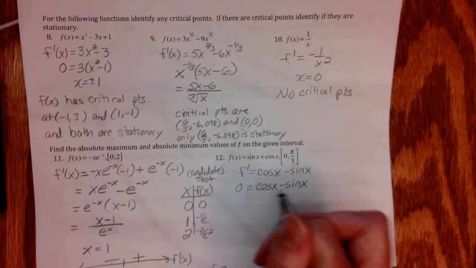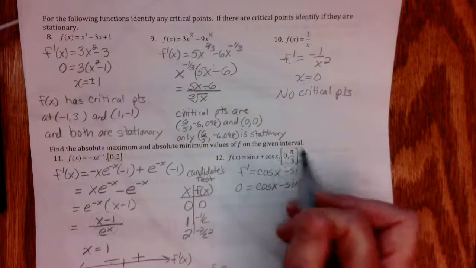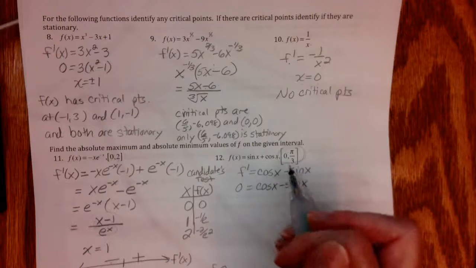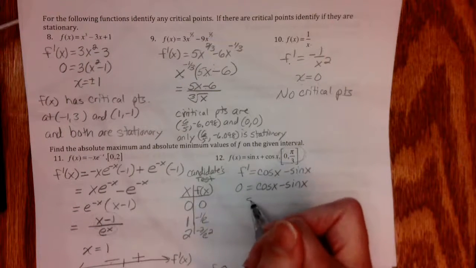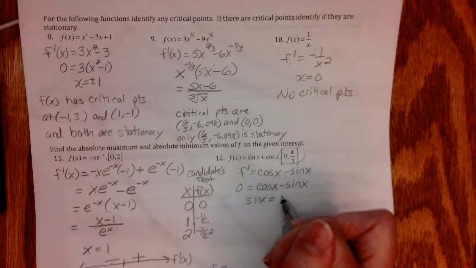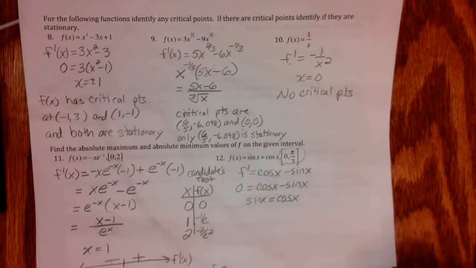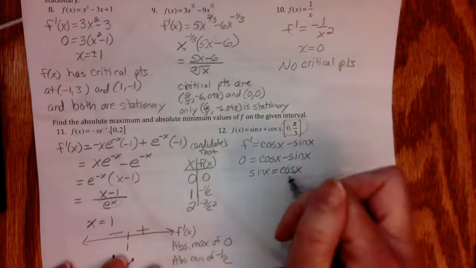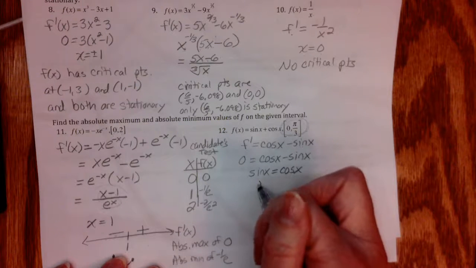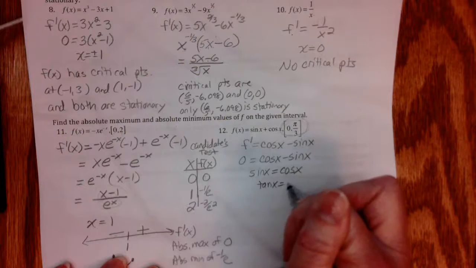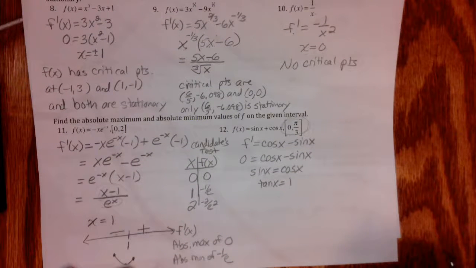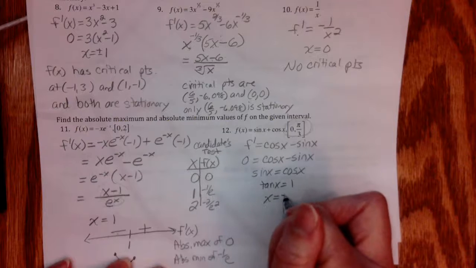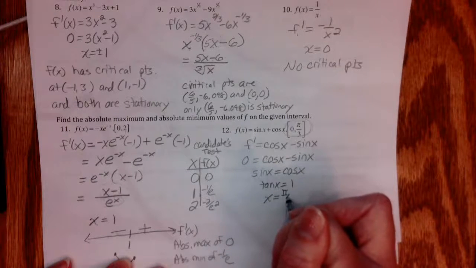And some of you right now could possibly identify the stationary point that exists on that given interval. If you don't see it, you can manipulate by moving a trig function to the other side, and maybe now you're saying, oh, I recognize what it is. If you still don't have it, dividing by cosine gets me tangent x equaling 1. So 3 different opportunities to say that critical value is pi over 4.